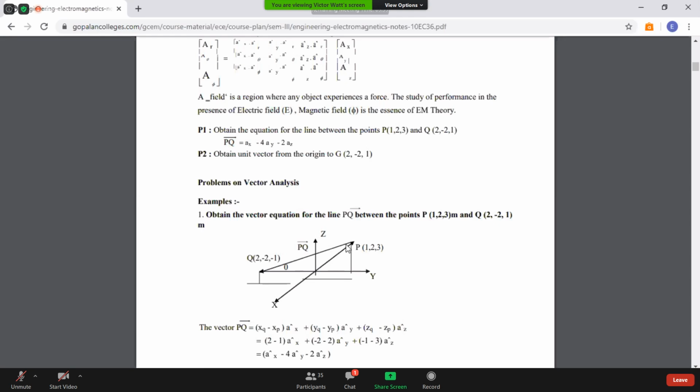The vector starts at P and ends at Q. So vector PQ would be your point Q minus your point P. Clear? Yes, sir.